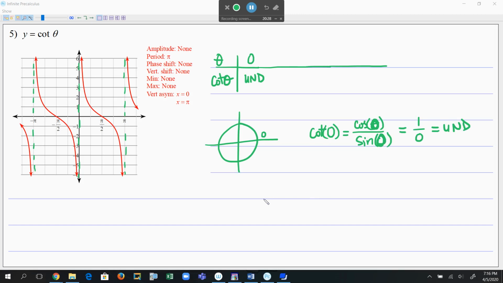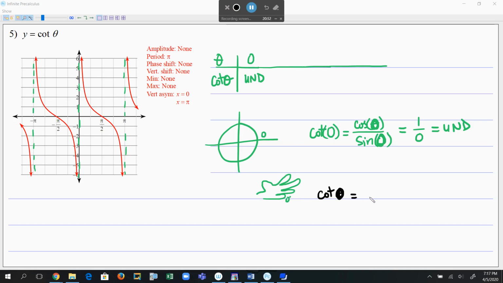And if you want to use the hand trick, this is 0 degrees. Cotangent of 0.